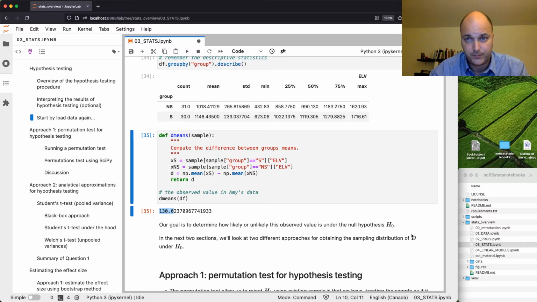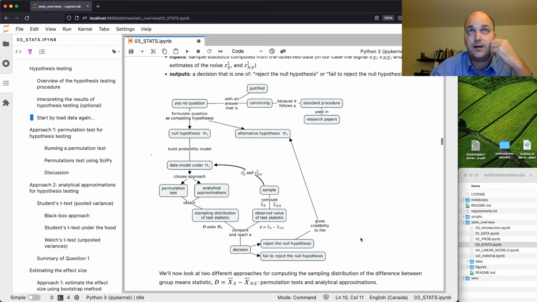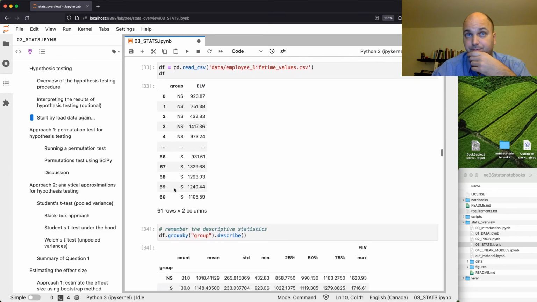We need to find a way, under the null hypothesis, to build a model for the sampling distribution of the difference between group means. In fact, we're going to show two different approaches: the permutation test and using an analytical approximation. This is what you normally do in textbooks. Because we are allowed to use Python here, there's a much simpler, more direct way to do it.